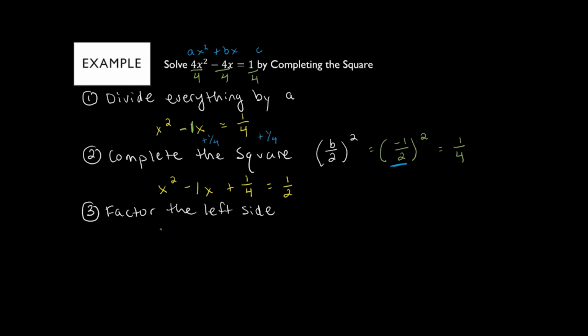So this is going to factor to parenthesis x minus, and it's minus because it's a negative 1/2, so it's just literally whatever that number is. So we're going to have x minus 1/2 squared equals 1/2.